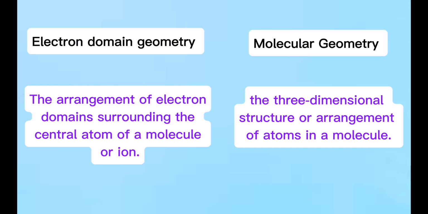For example, in H2O, the molecular geometry is bent because the 2 lone pairs repel the bonding pairs, reducing the bond angle to 104.5 degrees. The influence of lone pairs on H2O: the lone pairs occupy space and exert repulsive forces, altering the shape from tetrahedral to bent, which is crucial in determining the molecule's properties.